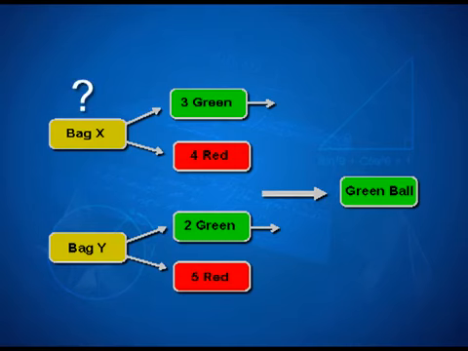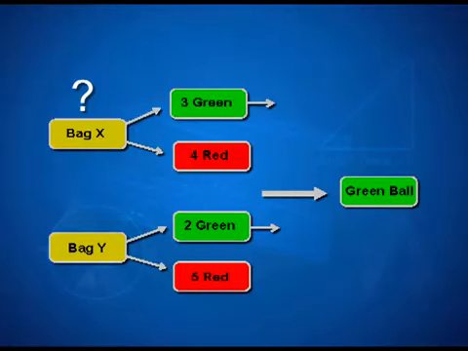So, we are interested in finding the probability of what must have happened in the first stage of the experiment. First stage is where the bag is selected, second stage is where the ball is drawn. So, we now know what color of ball we have got.